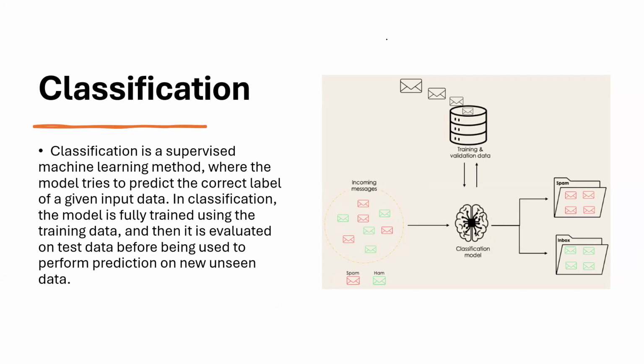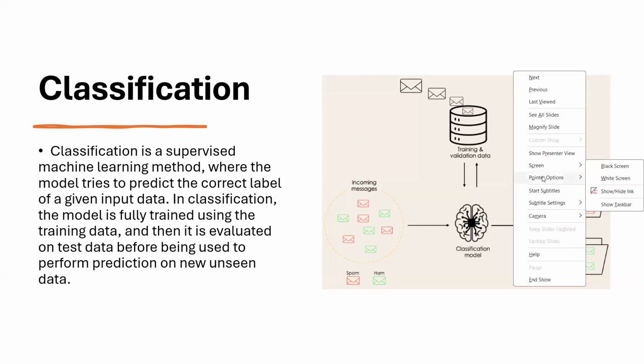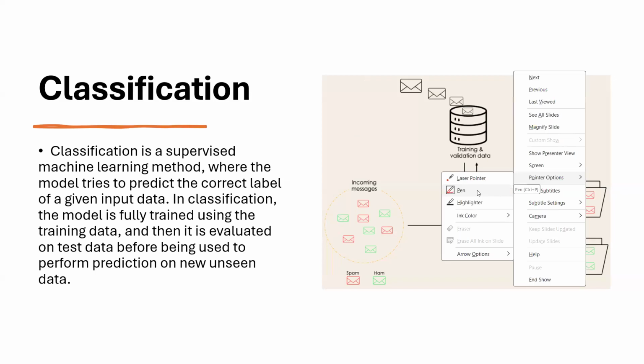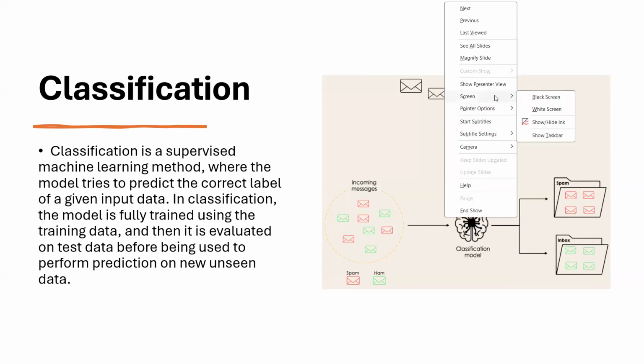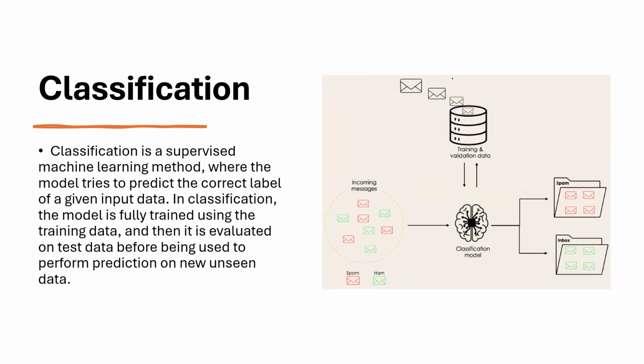If you take the example here, this is an email spam detector. You trained this classification model with the training and validation data. So you have taken some set of messages in your data and marked them as the training set, and you trained this model.